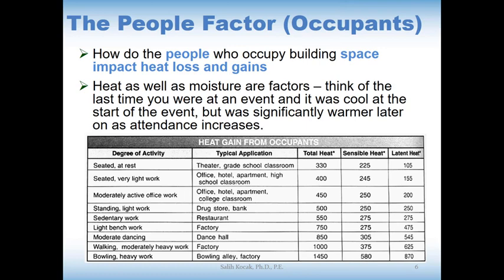From seated at rest, 330, all the way to bowling with heavy work, it is 1450 total heat you are producing as a body. So we really have to be careful with this one. In our calculations, activities are important. That's why we call it the people or the occupant factor.